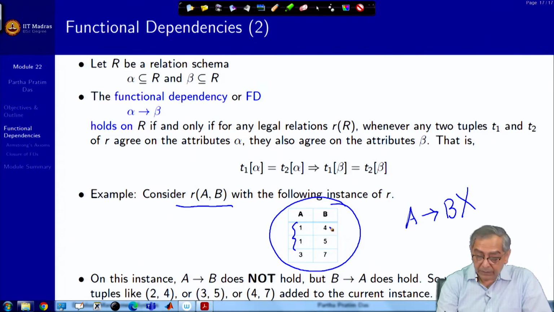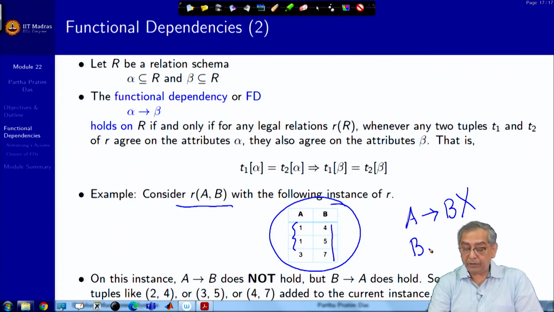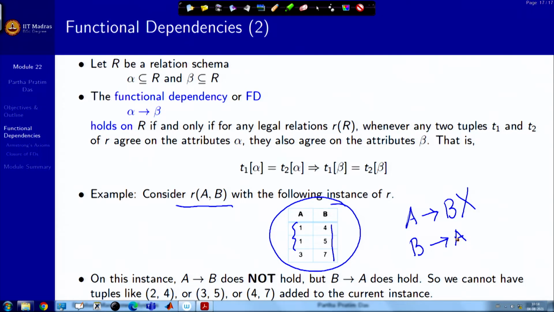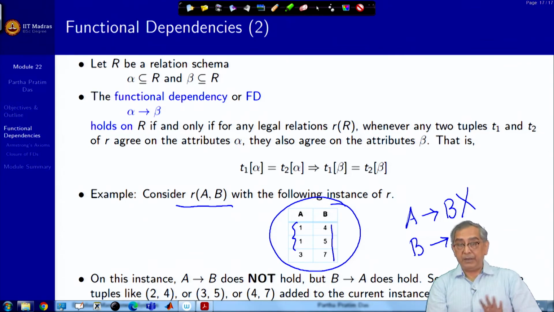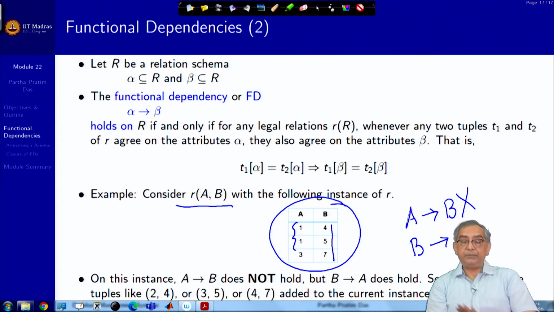But if you look at column B, they have all distinct values. So, if 2 tuples match on B, they should match on A. I am just observing this from the data. I do not know whether this is an actual rule, but what we can confidently say is that A determines B does not hold. We cannot confidently say whether B determines A should hold or not.